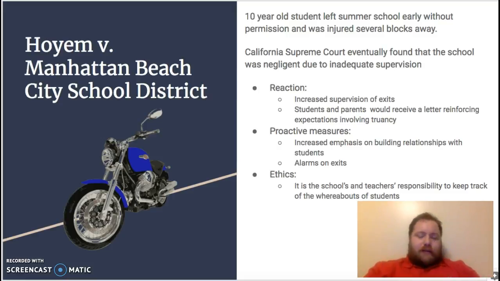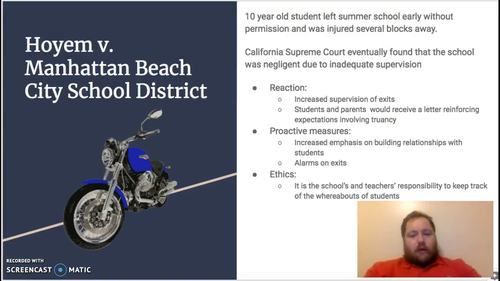The case was brought against the district because it was felt that they failed in their duty to provide adequate supervision. Even though the student did not have permission to leave, it was thought that it was the teachers' and schools' responsibility to make sure that student was at the school.